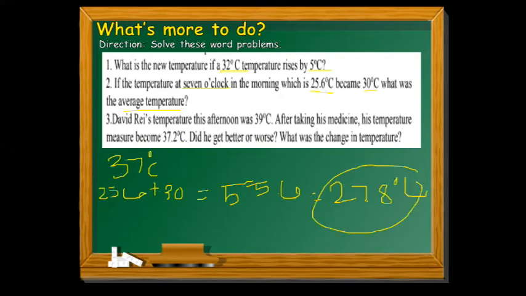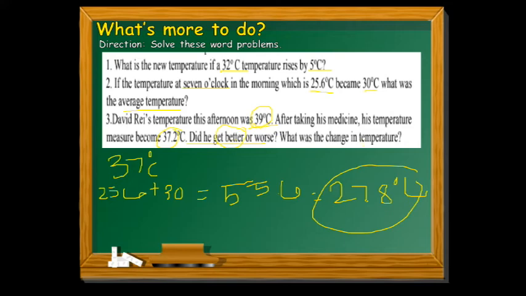Then we have number 3. David Ray's temperature this afternoon was 39. After taking his medicine, his temperature becomes 37.2. Did he get worse? Noong nakaraan, 39 daw yung kanyang temperature. After niyang uminom ng gamot, naging 37.2. Better or worse yung kanyang lagnat? Siyempre, siya ay gumaling kasi bumaba yung temperature niya. What was the change in the temperature?